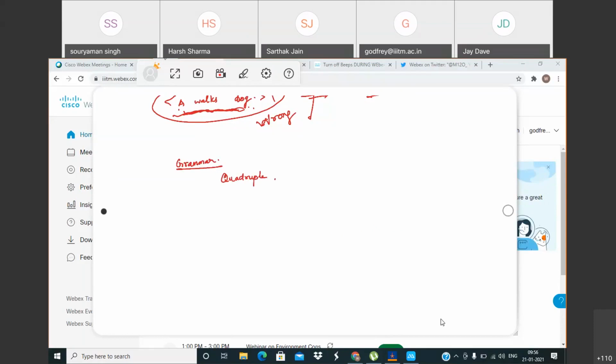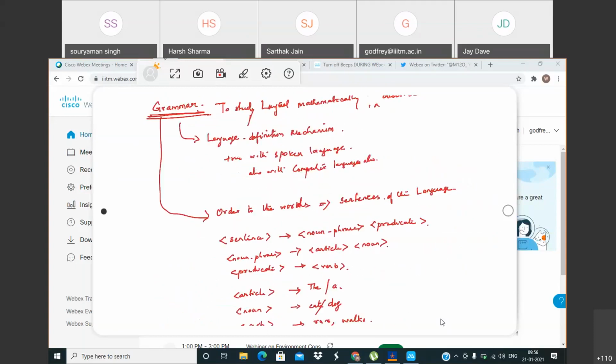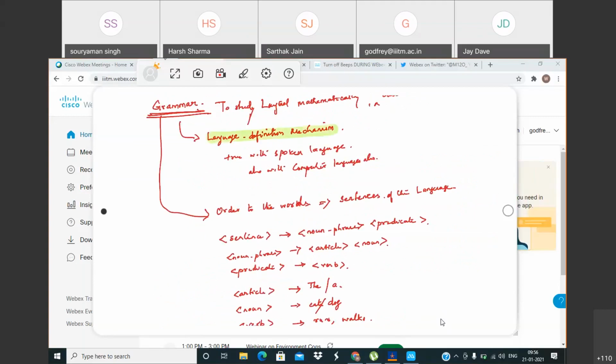So G is the grammar, given by V, T, S, and P. Grammar consists of these four tuples. So this is basically a language definition mechanism. Keep this in mind: grammars are language definition mechanisms.